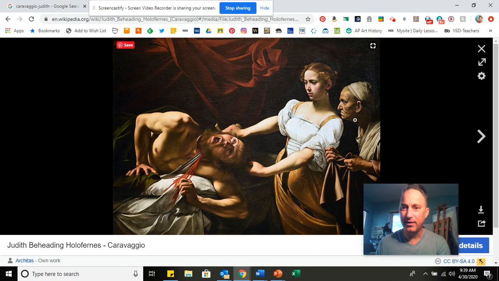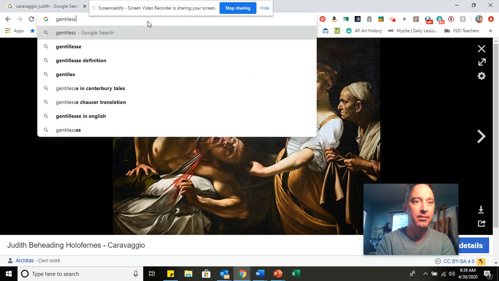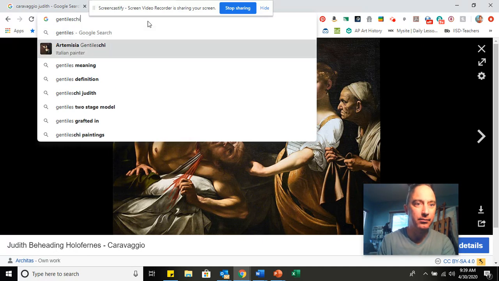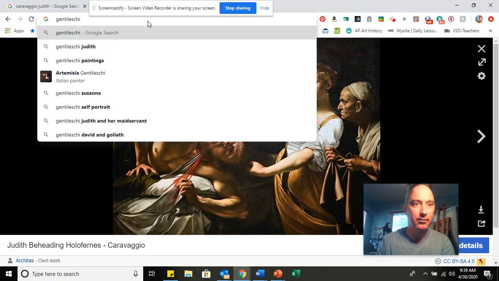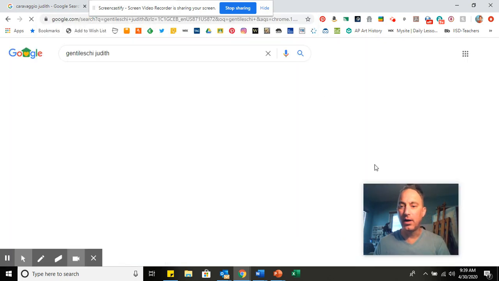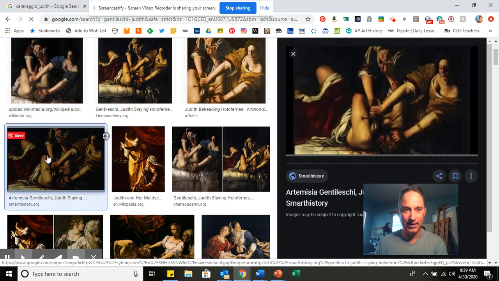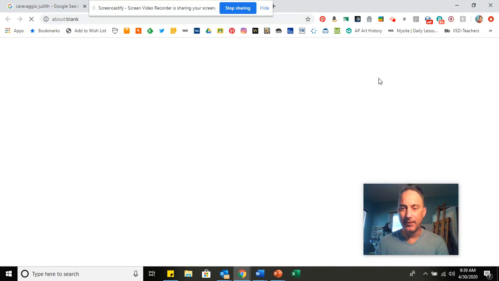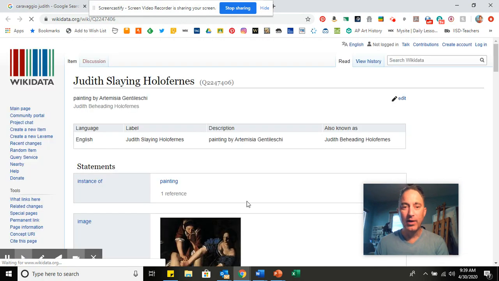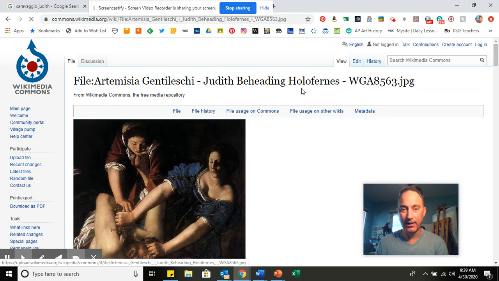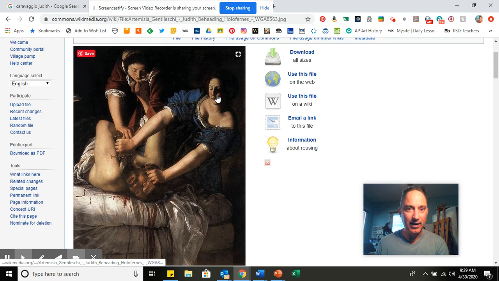And like the others, there's a third person in the image, the maid, besides Holofernes. And if we look at his student's work, Artemisia Gentileschi's image of the same subject matter, we again see that image of the young Judith, the maid, and Holofernes.